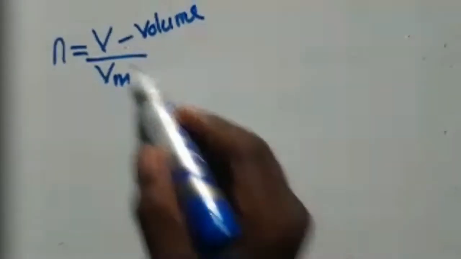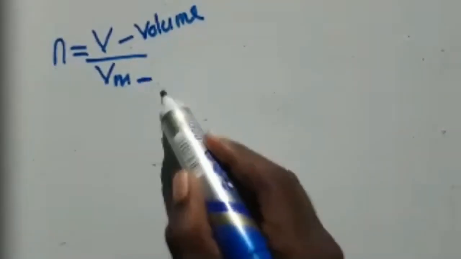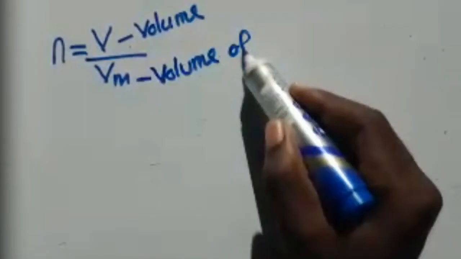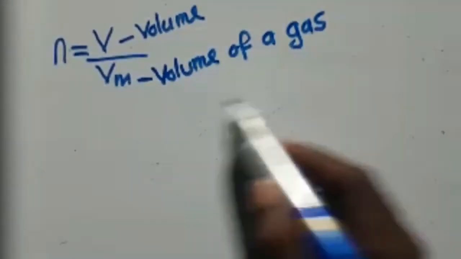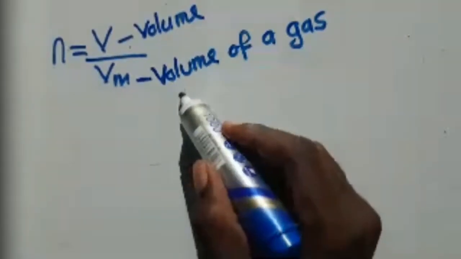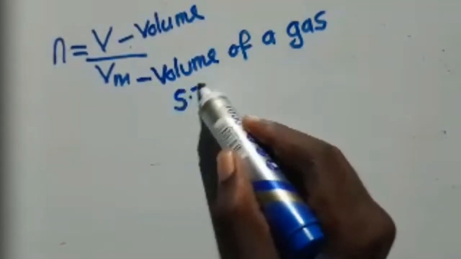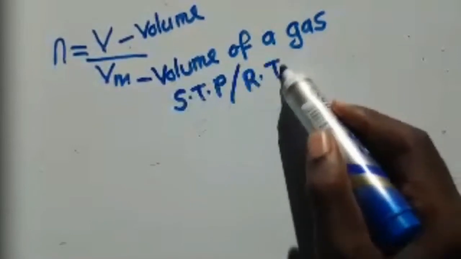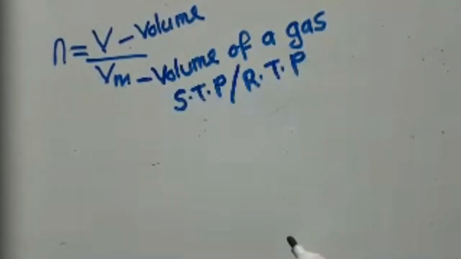This is the volume of a gas at STP or RTP. This is what we discussed.